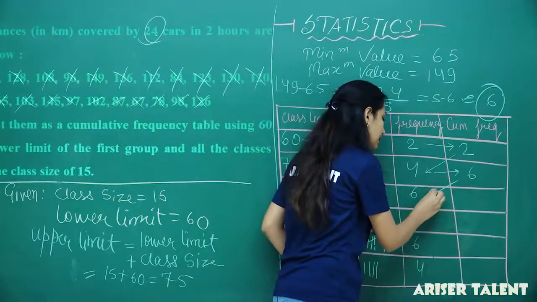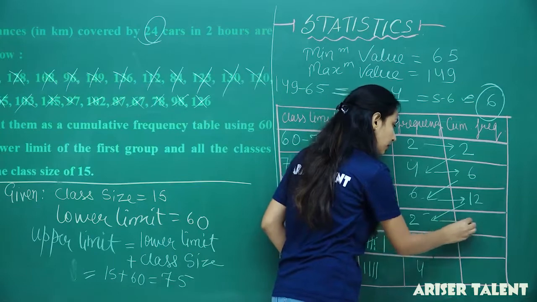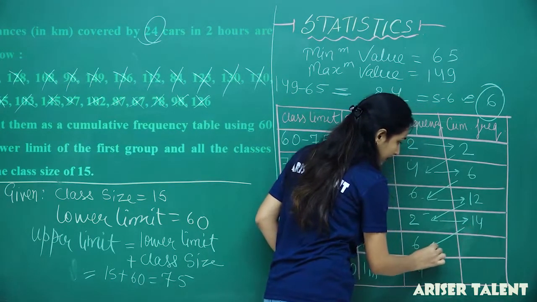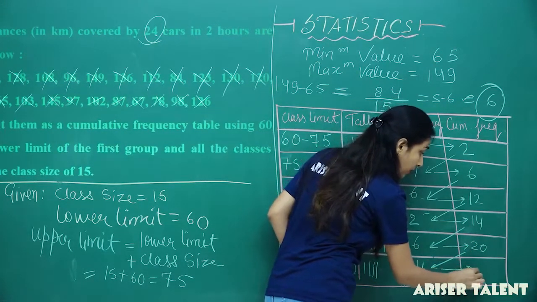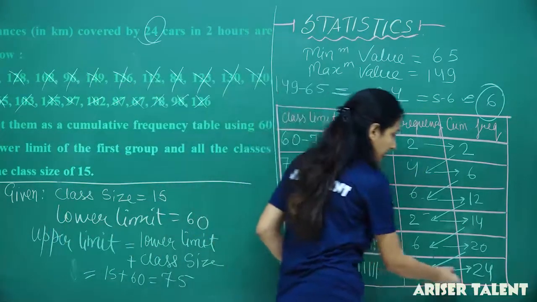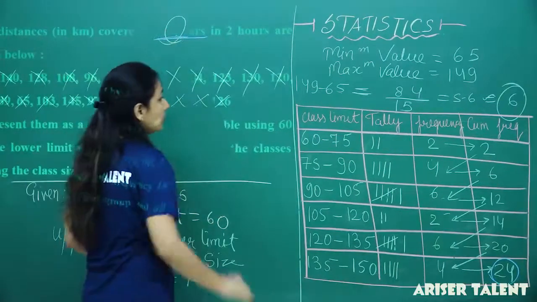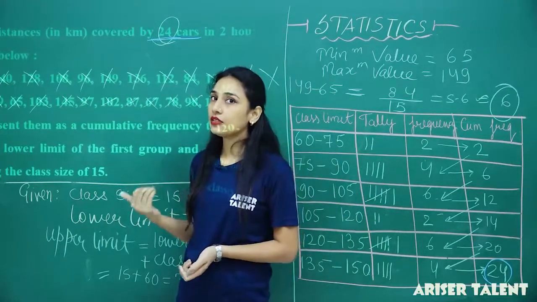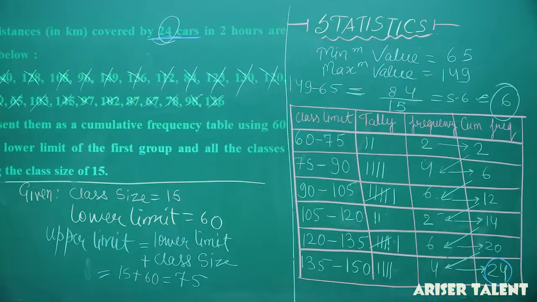Now 6 plus 6 is 12. 12 plus 2 is 14. 14 plus 6 is 20. 20 plus 4 is 24, students. So 24 it is, and this is the same value we got in the question, 24 cars. There is the cumulative frequency table that you were asked for in the question. So noted, students, covered it all.